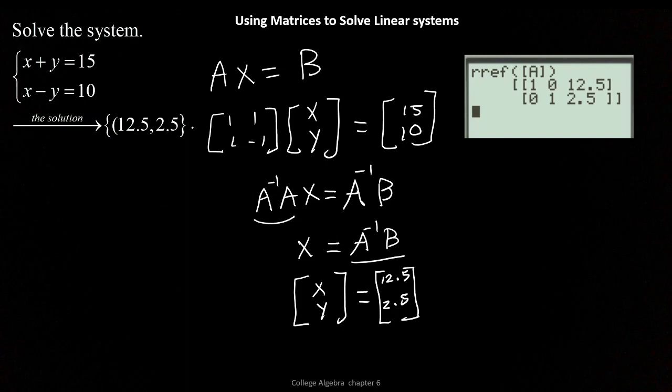We can only conclude that if A inverse does not exist, the system has either no solution or many. But we cannot tell which one. But with RREF, we can tell, right? Remember? We can tell.